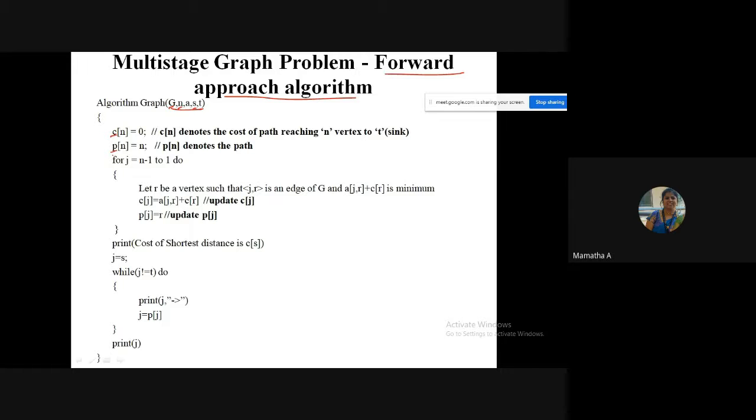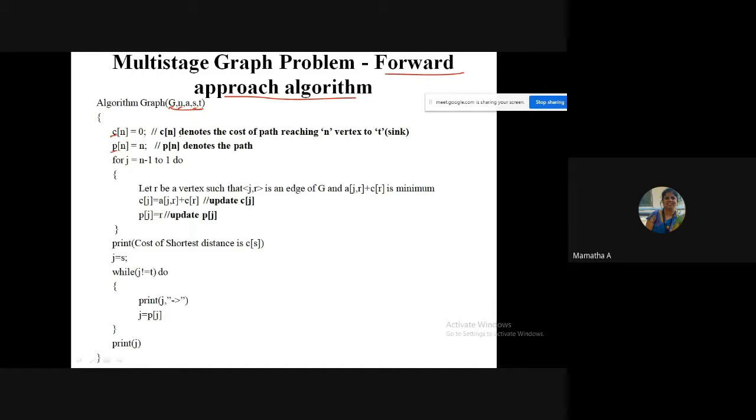Okay. What is the C? C array is the one which denotes the cost of the path reaching the sink from any vertex, whatever the vertex is. Remember, C of any vertex.